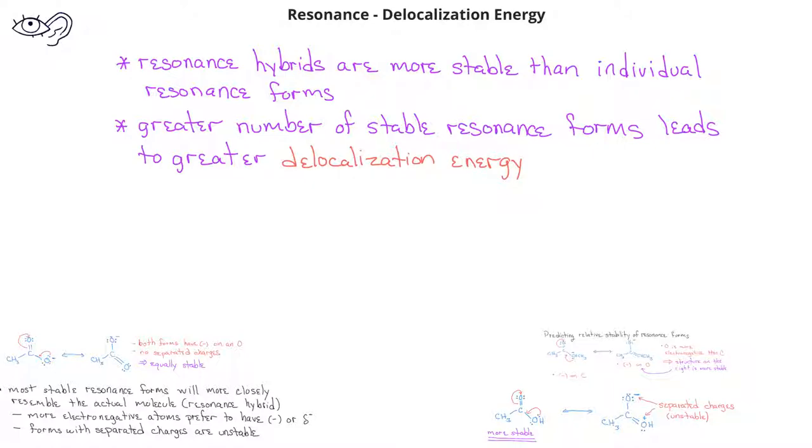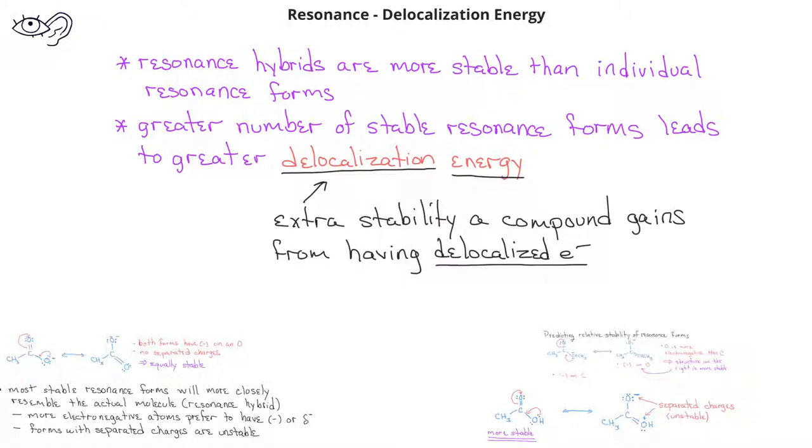This delocalization energy is the extra stability a compound gains from having delocalized electrons. As we continue to study reactions in organic chemistry, it'll be important to keep in mind this idea of delocalization energy, since it will influence the reactivity of the different molecules we'll be studying.